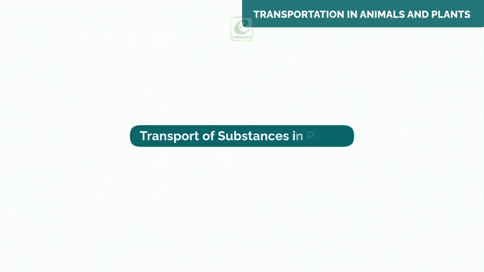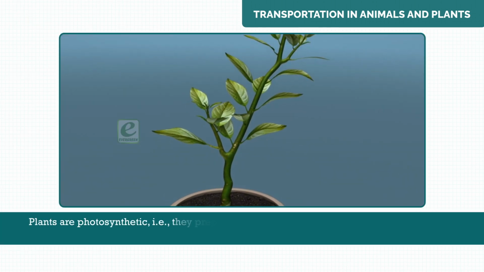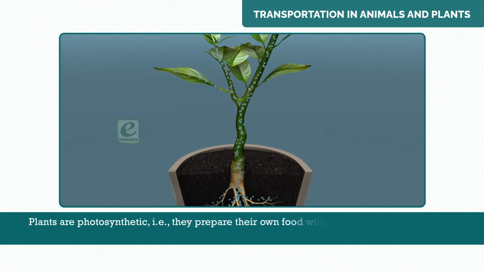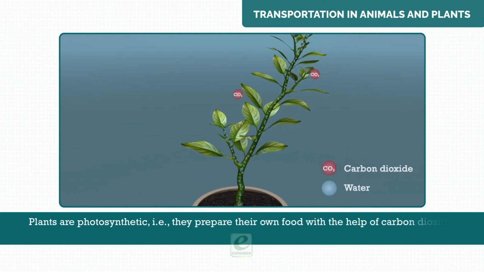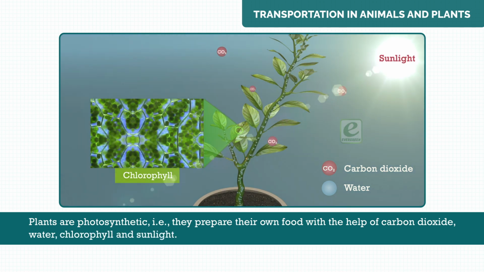Transport of substances in plants. Plants are photosynthetic, that is, they prepare their own food with the help of carbon dioxide, water, chlorophyll, and sunlight.